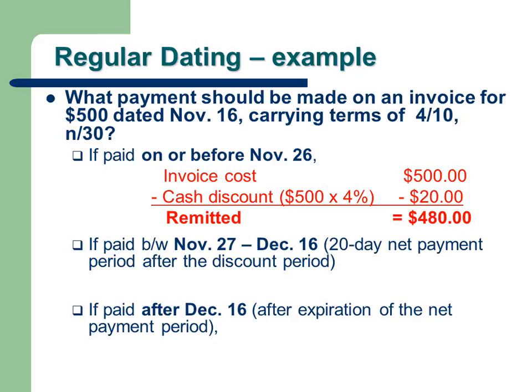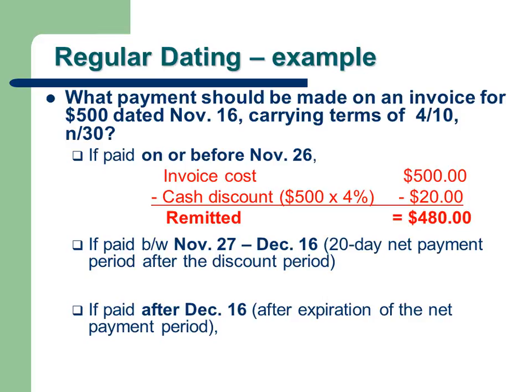Then what if you pay the bill between November 27th and December 16th? The last cash discount day is the 26th of November. However, the absolute net payment due is termed as N/30. That means 30 days from November 16th, the invoice date, will be the final net payment due date.